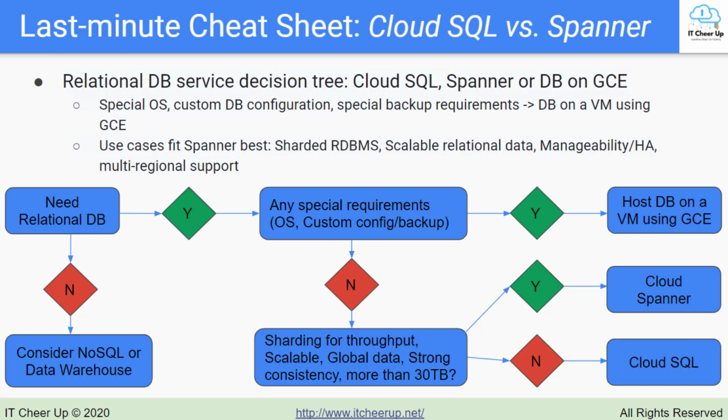Use cases that fit Spanner are sharded RDBMS, scalable relational data, requiring manageability, HA, multi-region support, or strong consistency. Otherwise, use Cloud SQL to support relational database workloads less than 30 terabytes.